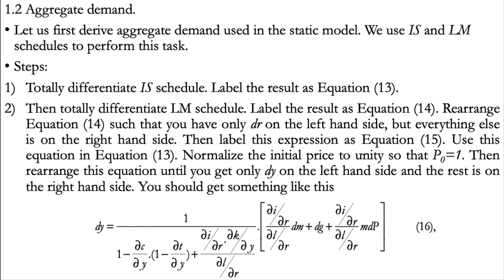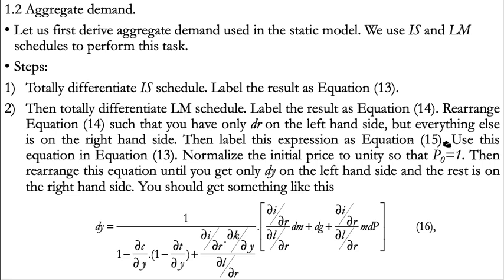Then label this expression as equation 15. Steps 1 and 2 up to this point are not unfamiliar to you, because you have done this many times during the face-to-face classes.